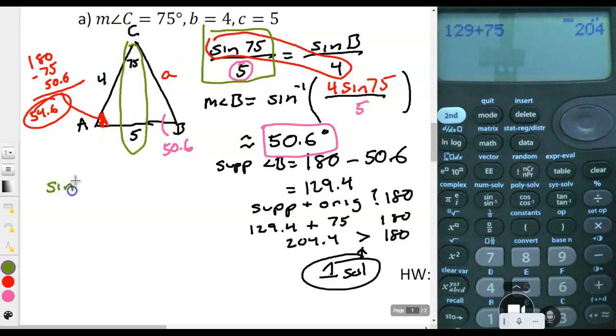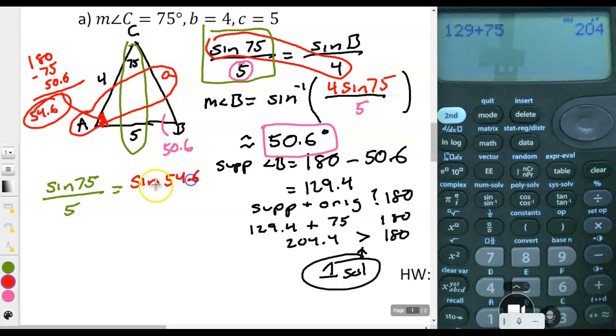So we've got sine of 75 over 5. And then instead of doing B and 4, we're going to use our A's, right? Because we now know what this angle is. Sine of 54.6 all over A.